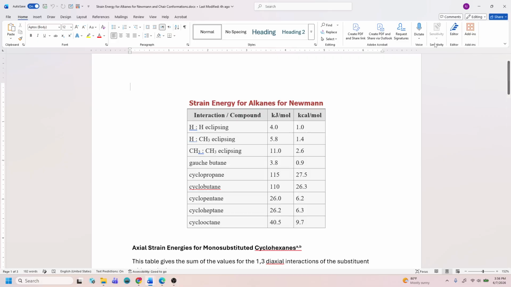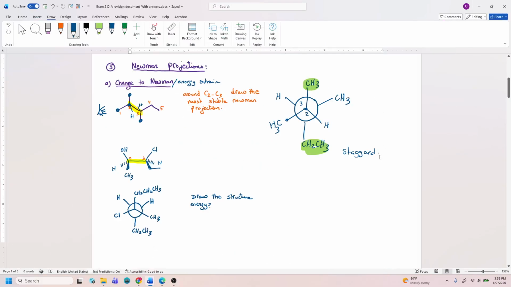I think it's 0.9. So these are the energy values that I have for this structure. What I have for this structure is two CH3s in there. And remember, what is gauche? Gauche is whenever your groups are 60 degrees away from each other.